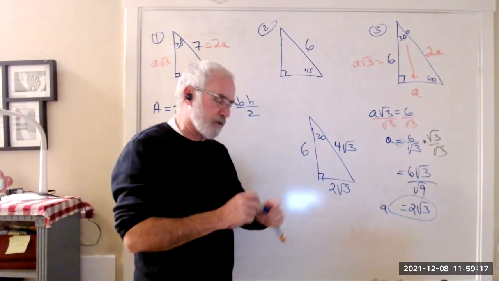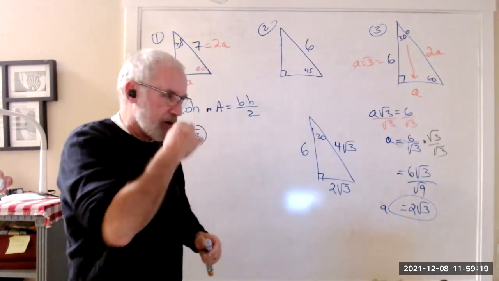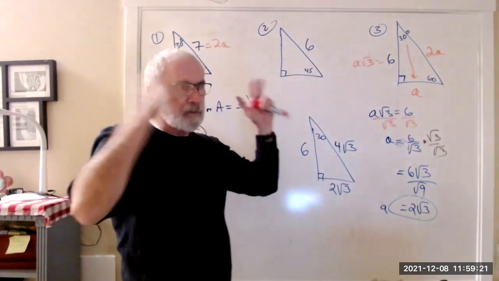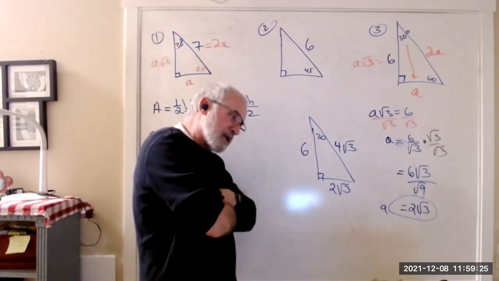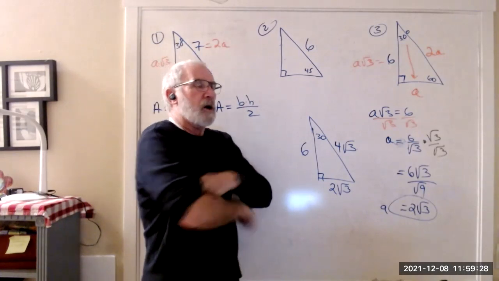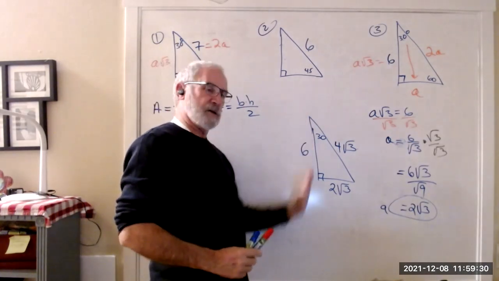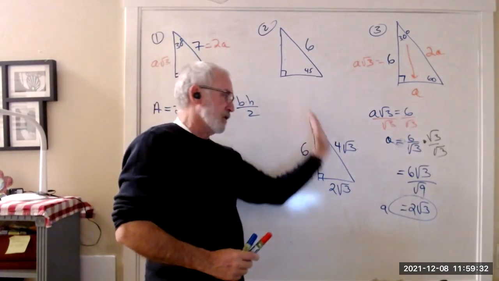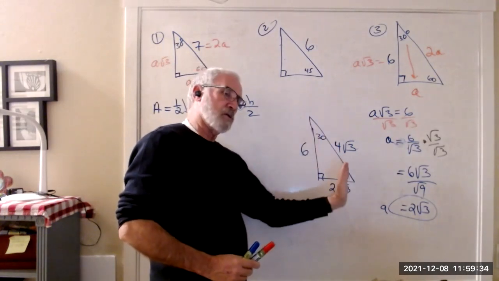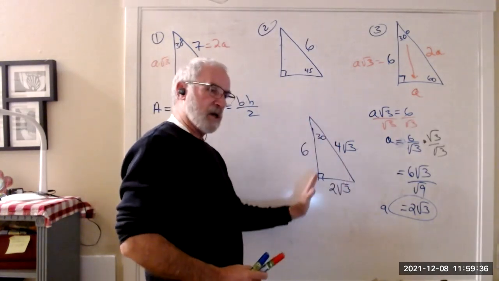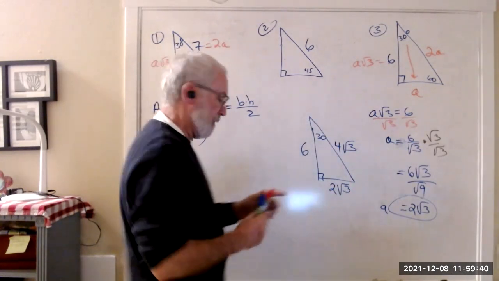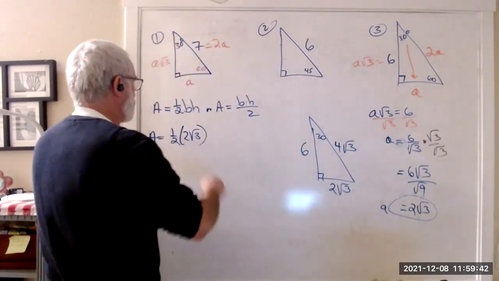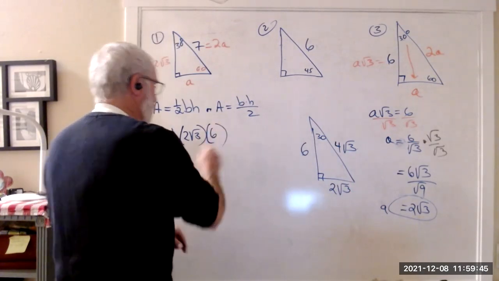I don't know if you ever remember going to your grandmother or grandfather's and they say, oh, what a big boy or a big girl you've become. You're slouching against the wall and they say, stand up straight. I want to see how tall you are. Well, it's the stand up straight that tells you your height. It's not your slouch. The base times the height, stand up straight. So it's 1/2 times 2 radical 3 times 6.